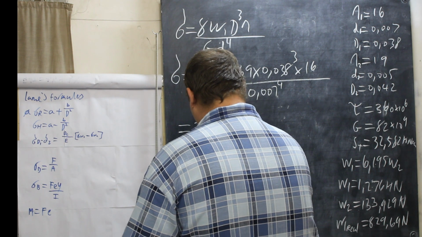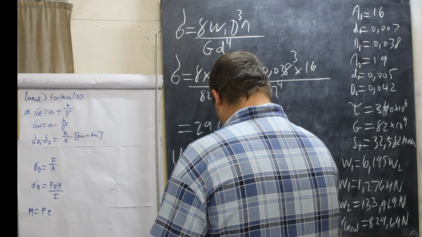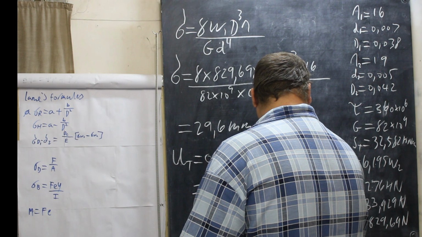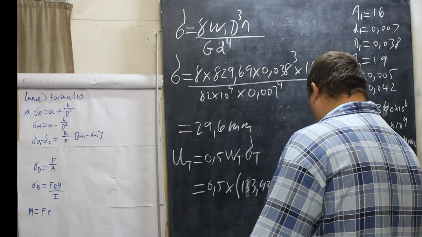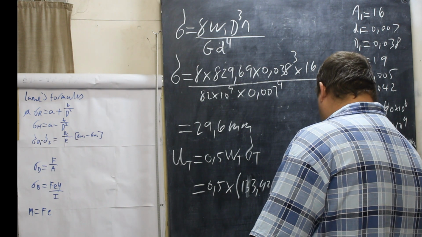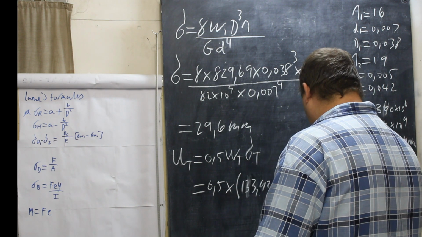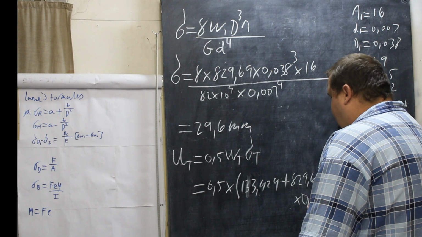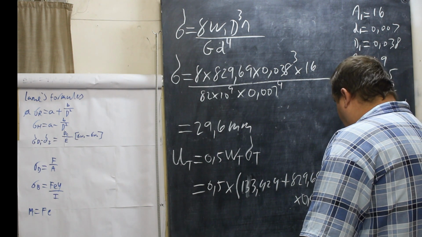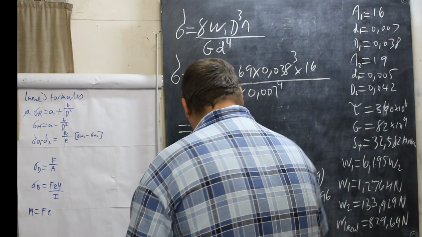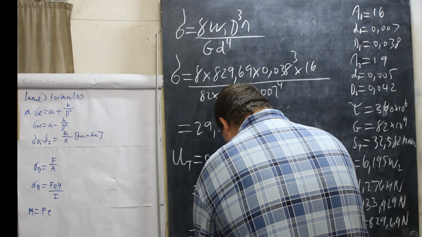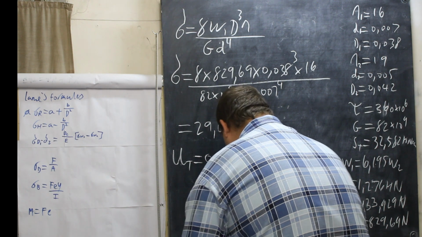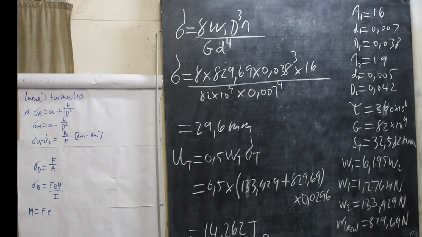So what we will do is say 0,5 times bracket 133,929 plus 829,69 times 0,0296, and our final answer will be 14,262 joules. And that is the final sum.